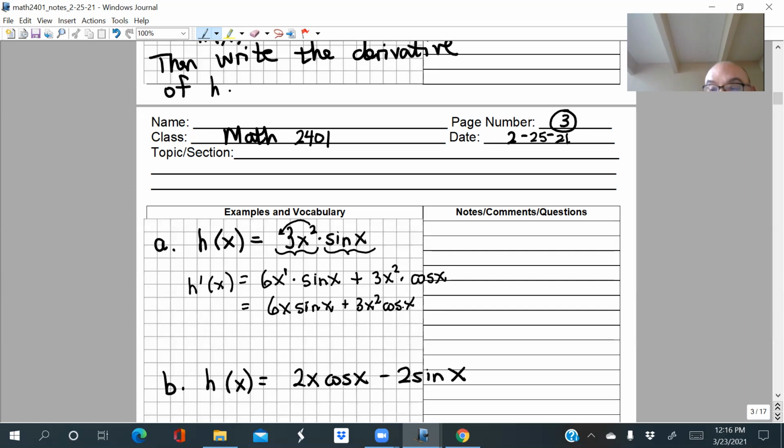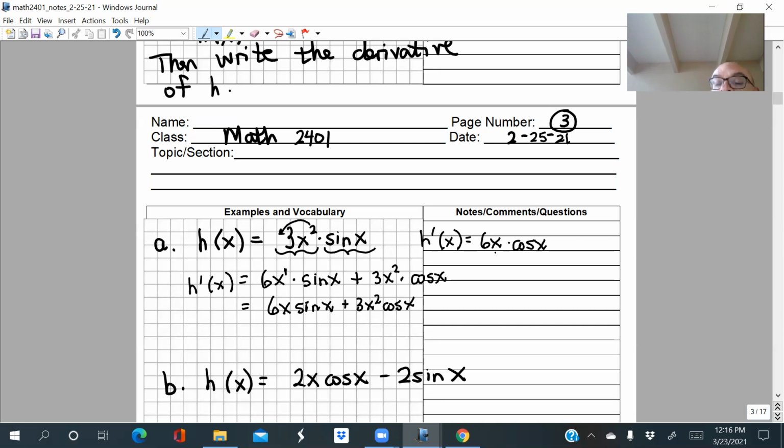Now, let me caution you about the mistake that you do not want to make, okay? You don't want to oversimplify the product rule. So students that haven't been doing their homework or haven't been paying attention, when I ask them to differentiate a function like this one, here's what they'll say. They'll think, okay, I take the derivative of the 3x squared, that's 6x, and then I take the derivative of the sine of x, that's cosine of x.